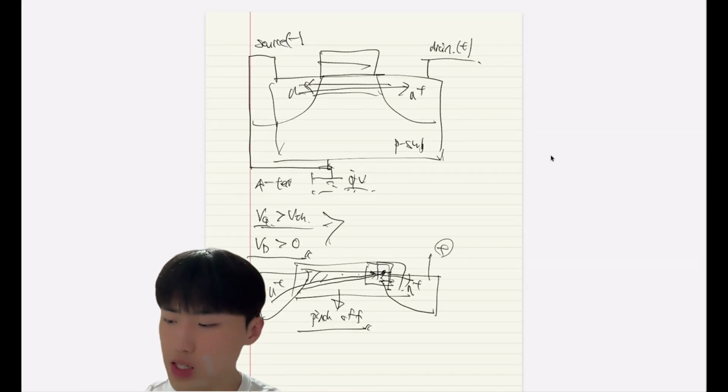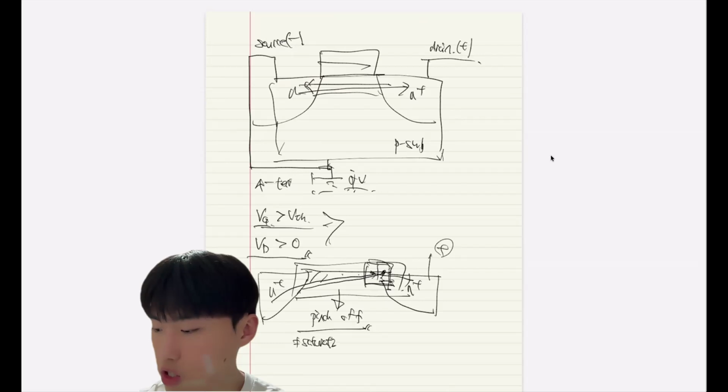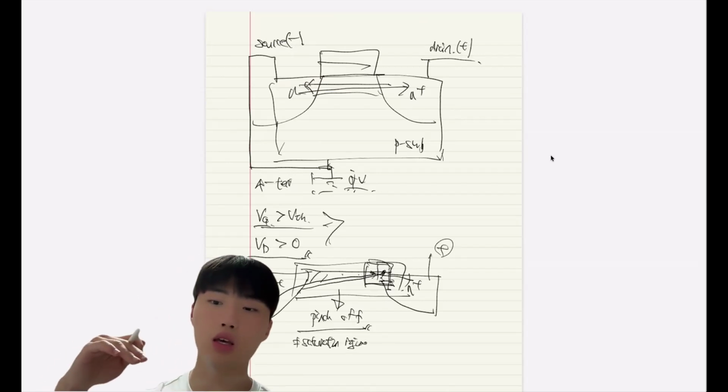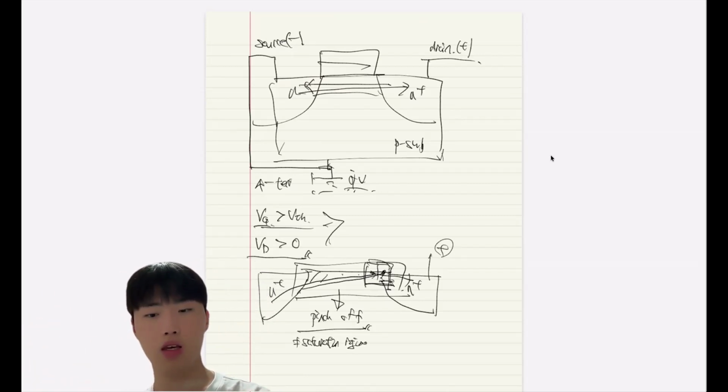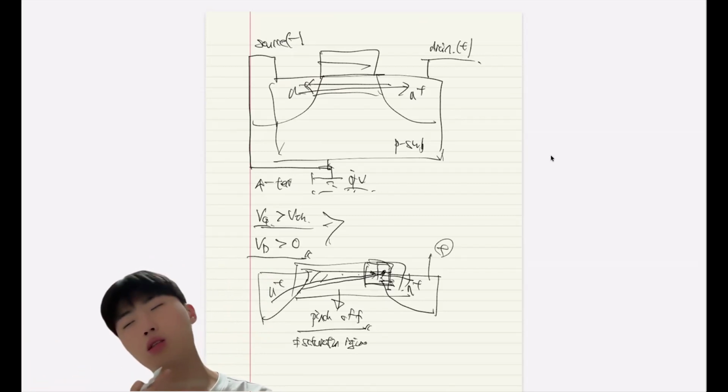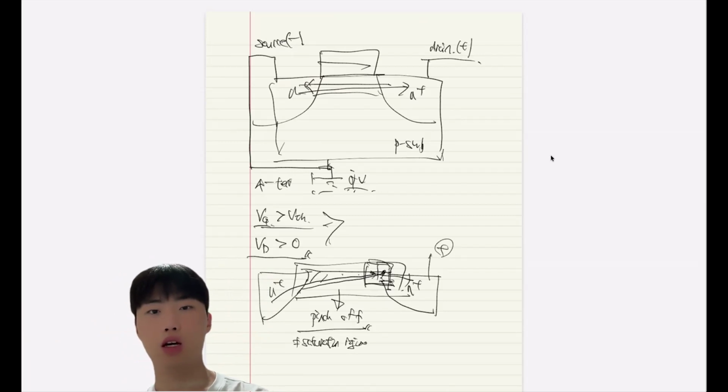So we can say this part is the saturation region, because the current doesn't increase when we add additional drain bias.